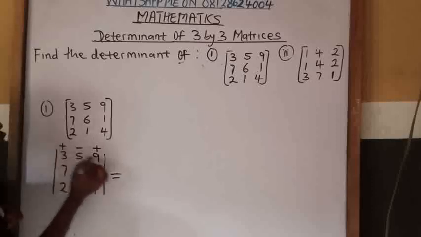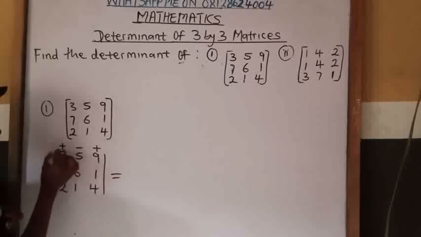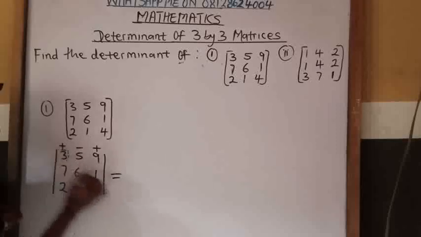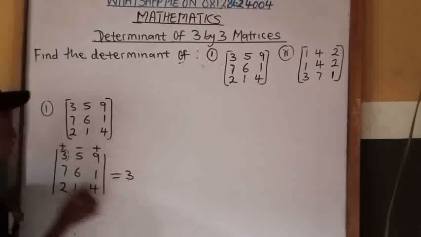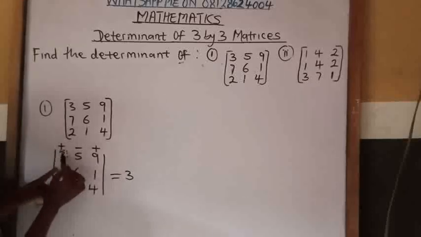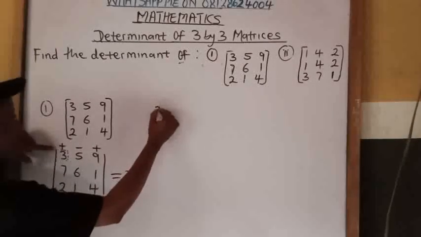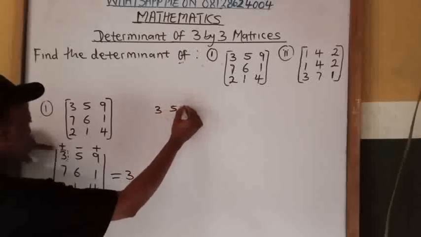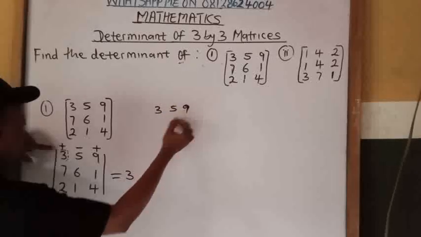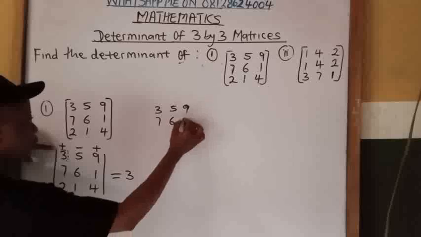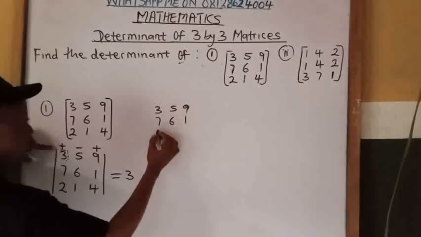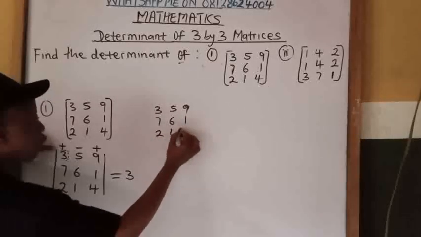So you are going to make use of your row now. You pick the first element, which is 3. Let me bring these numbers down here again: 3, 5, 9, 7, 6, 1, then 2, 1, 4.